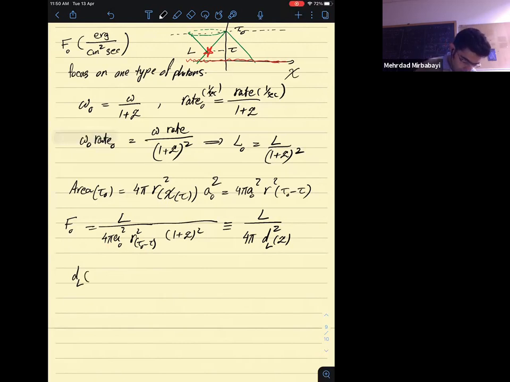So the luminosity distance as a function of z is a naught times 1 plus z times r of z, or r of tau naught minus tau of z.